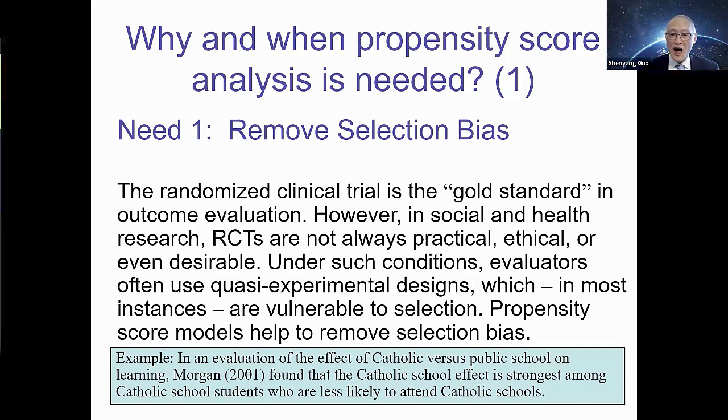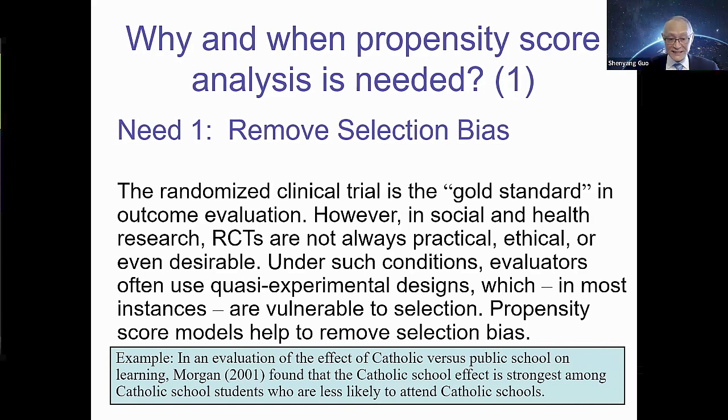That really means when a federal agency approves a new medicine or new treatment program, they make the decision based on results coming from randomized clinical trials. But in social, behavioral, and health research, RCTs are not always practical, ethical, or even desirable. Under such conditions, we must use quasi-experimental design.